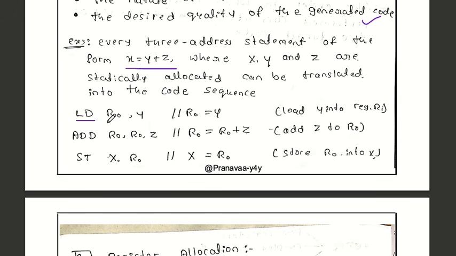See, y is loaded to r0. Again, z and r0 are added into r0, and finally the r0 value is stored to x. This is the simple example.